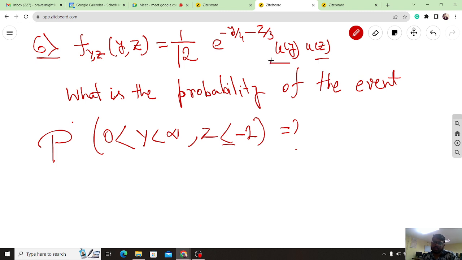I think it is clear what u means. U is the unit step function.